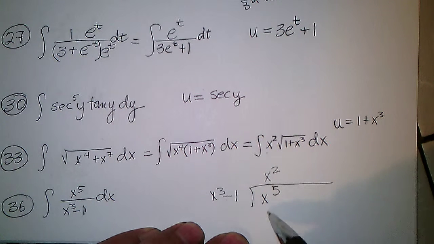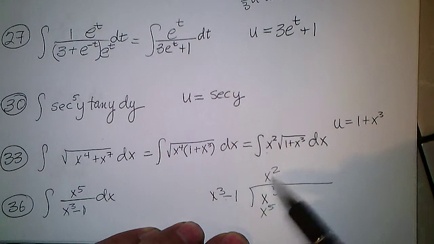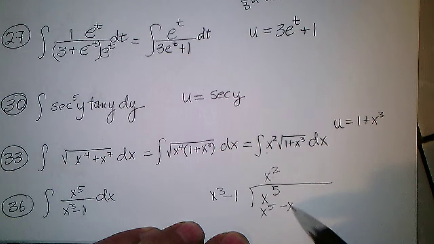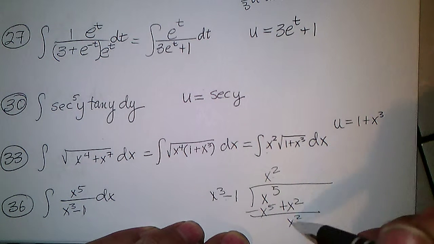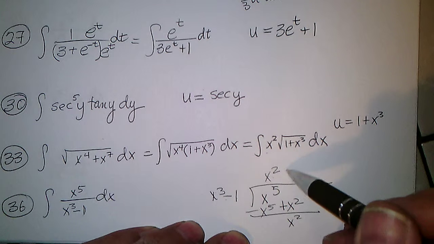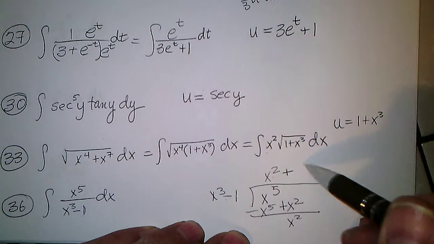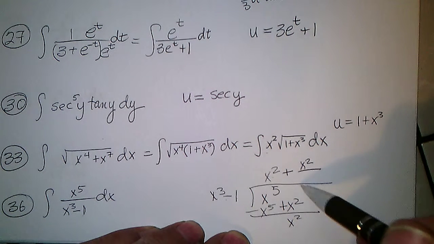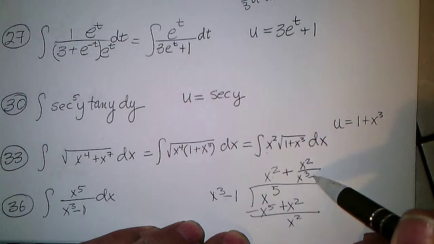X squared times x to the third is x to the fifth. X squared times minus 1 is minus x squared. Draw the line and change the sign so we can add, and we get x squared. And so I would put that over what I was dividing by, plus x squared over x to the third minus 1.